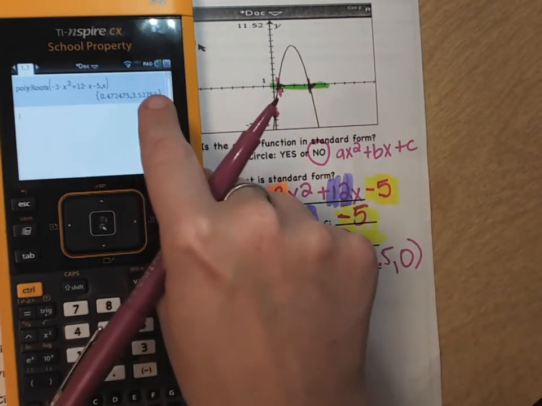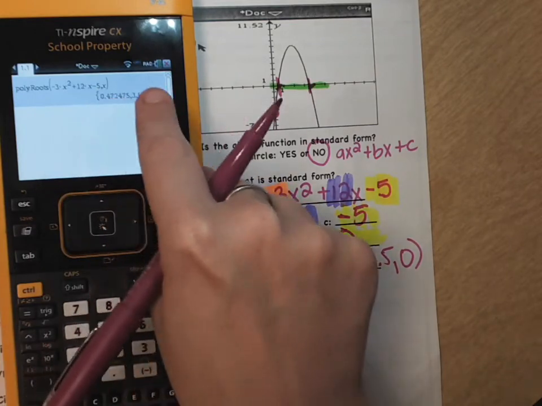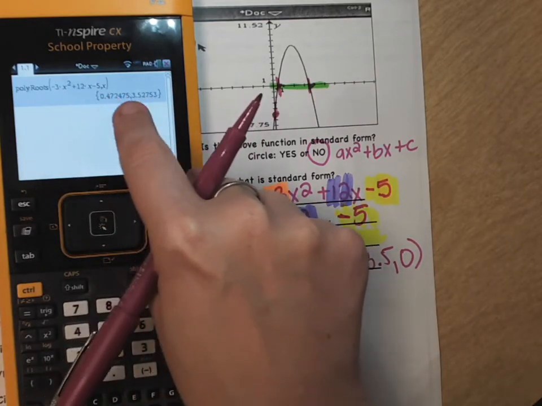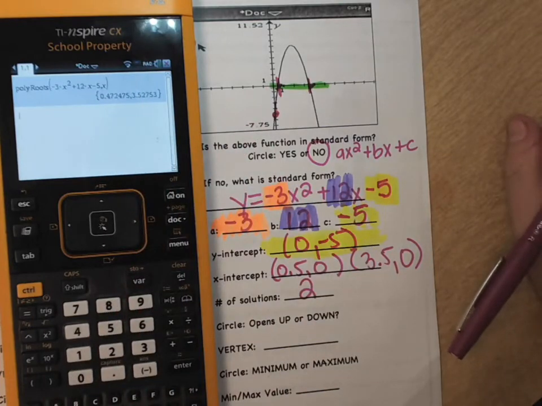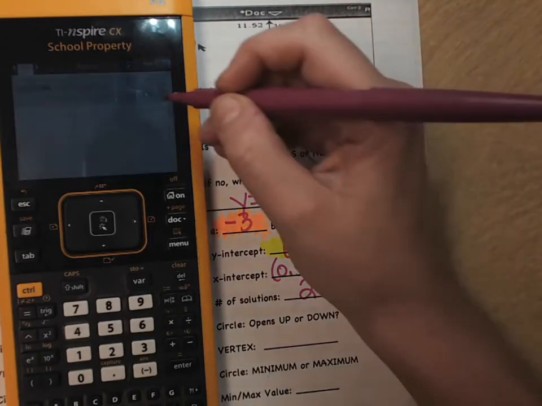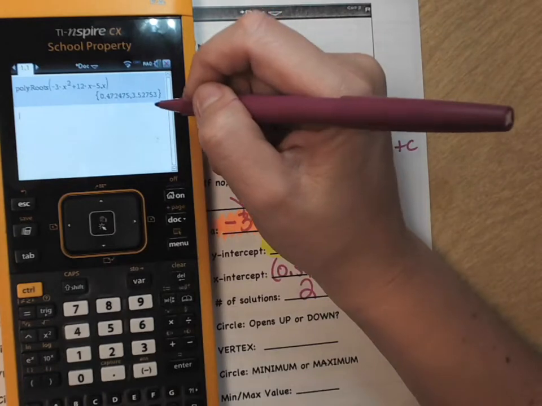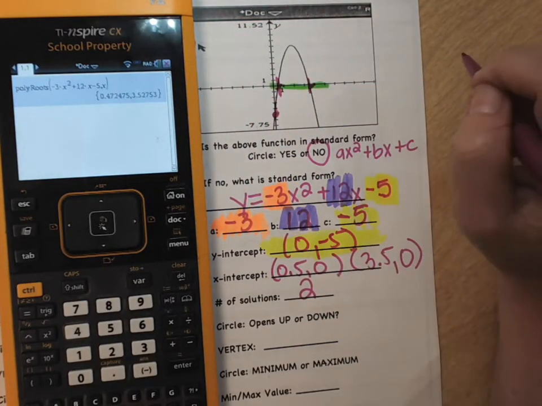Now, if it gave you 2 answers that were exactly the same, say you got a 4 and a 4, then it would be 1 solution because those answers are exactly the same. And then the last thing is, if it never touches here, or you get a box as your answer, that means there is no solution.